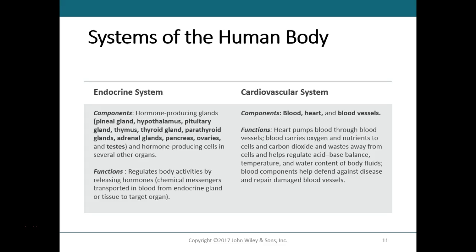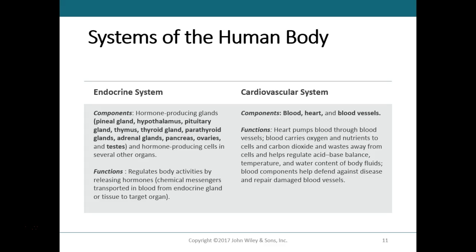The cardiovascular system main components are the heart, the blood, and the blood vessels that carry the blood to and from the body. So the heart pumps blood out through blood vessels, and arteries carry oxygenated blood out to body tissues so that those body tissues can use that oxygen to create energy.